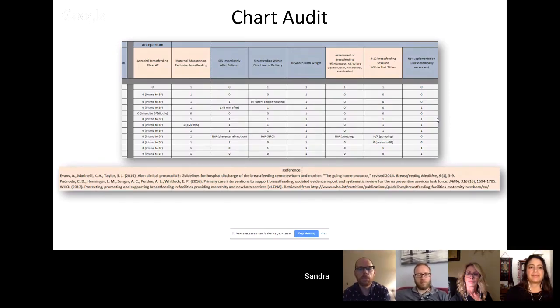The Journal of the American Medical Association guidelines show improved success with immediate skin-to-skin after birth, as well as the WHO emphasizes the importance on breastfeeding within the first hour, which there is a gap as well. The breastfeeding medicine protocol talks about the need for assessment throughout the hospital stay and before discharge, and the need for assessing risk factors for anticipatory problems before sending the woman home.